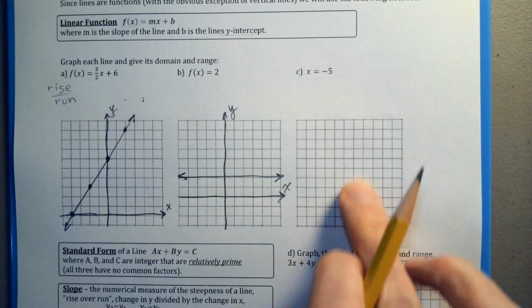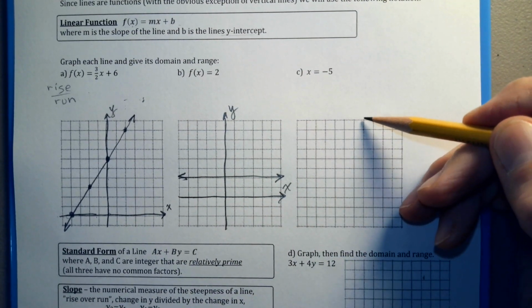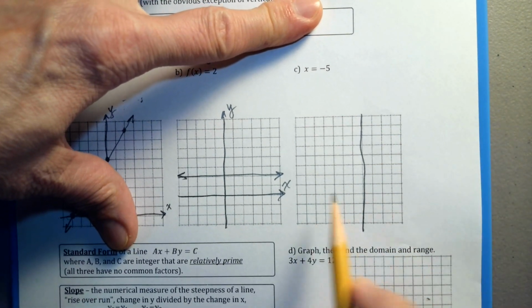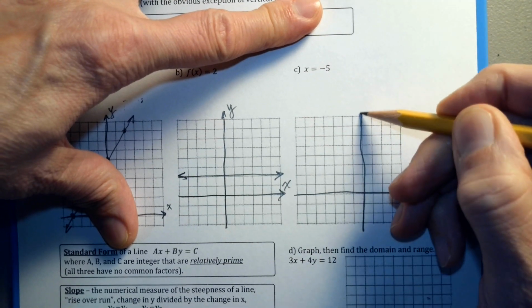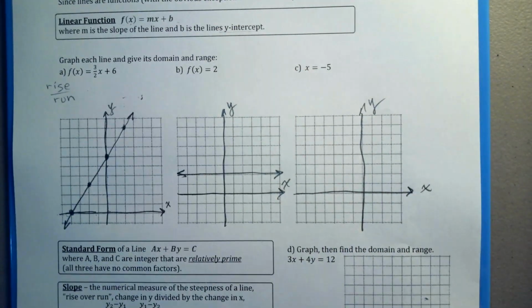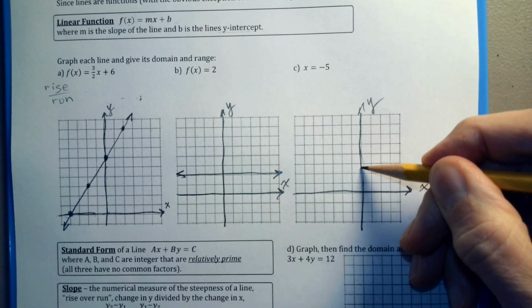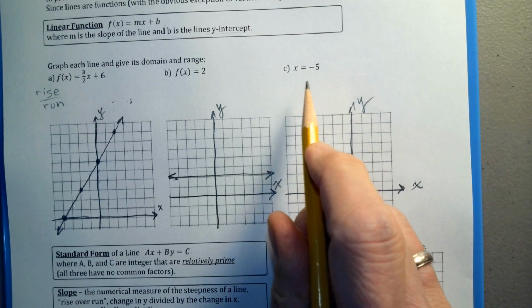And then this last one, C, is also a special case. I'm going to put my y-axis over here this time. So call this x, call this y. And so where will this one be?